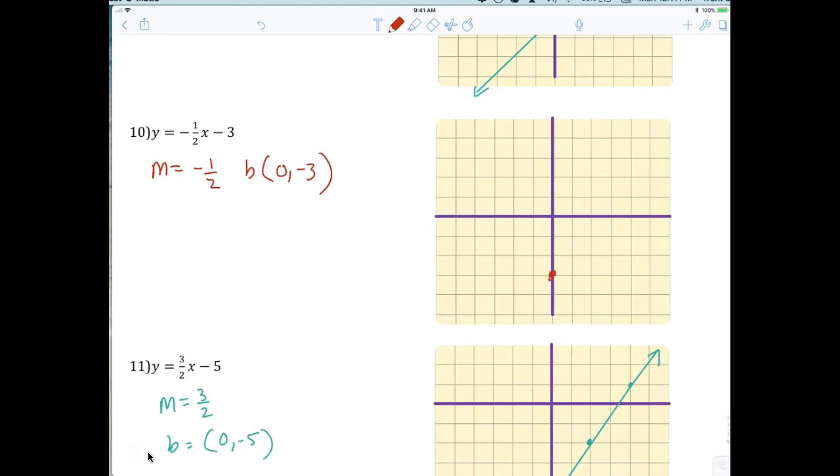So we go down 3, and then go up. What's the slope? -1 over 2. So from that point, go down 1 and then go over 2. Exactly, down 1 to the right 2.